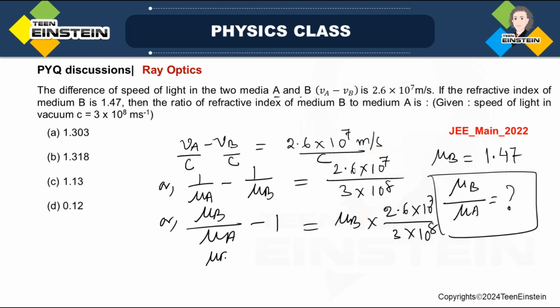Now look, this mu B by mu A is equal to 1 minus, I know this, 1.47 into this is 2.6 divided by 30. Okay, this I can write, isn't it?